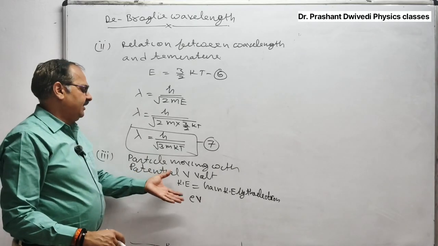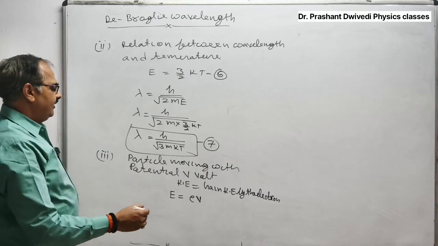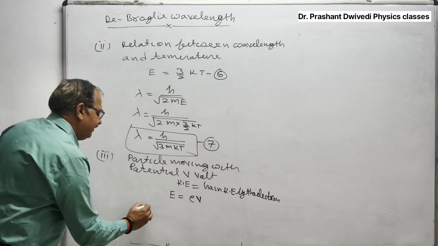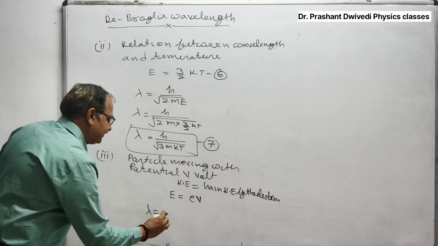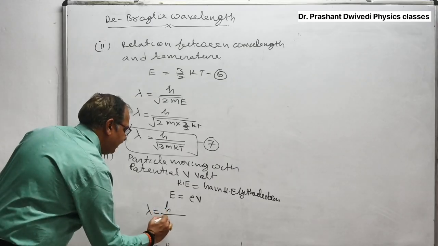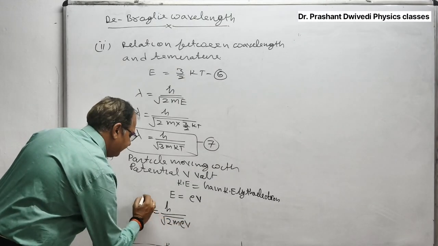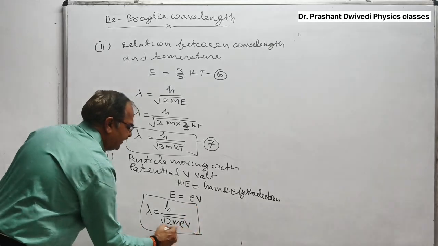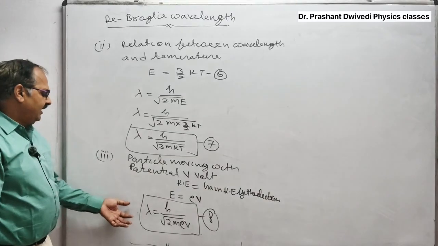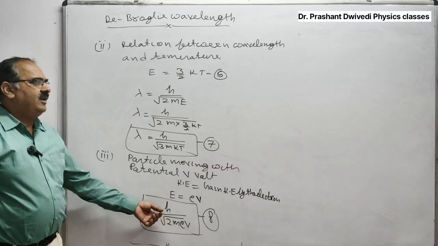Then the de Broglie wavelength comes: lambda is equal to h upon under root 2meV. This is the third condition. Equation number 8.